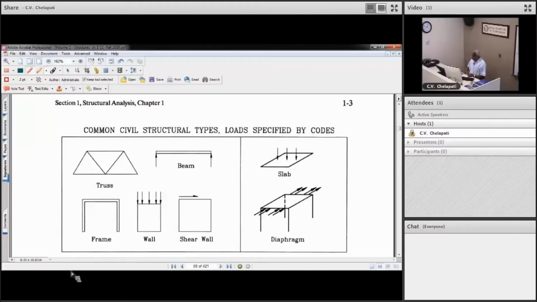When you talk about structures, I mean the civil engineering type, not aeronautical. Aeronautical is very advanced. Aircraft go through aerodynamic loads and flying and many things.